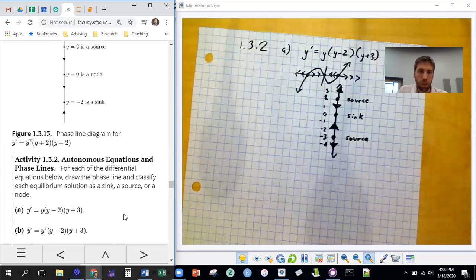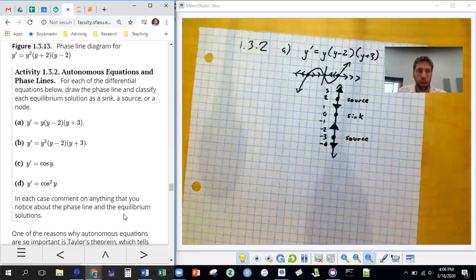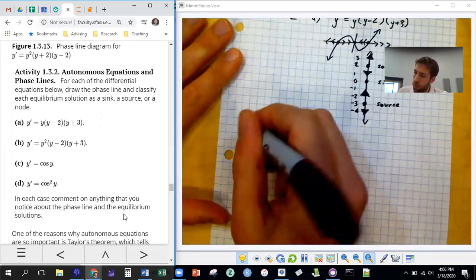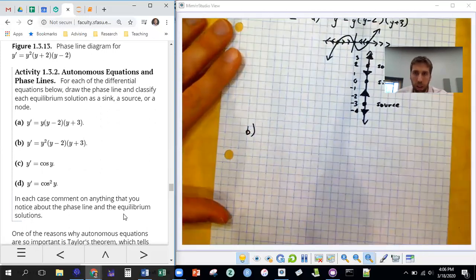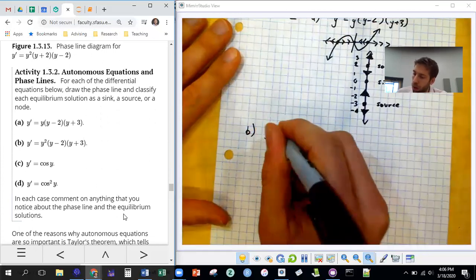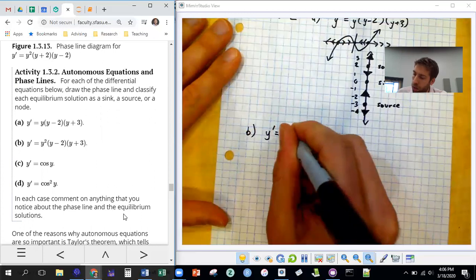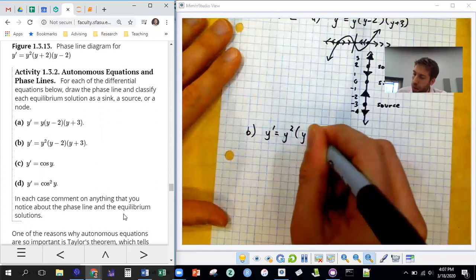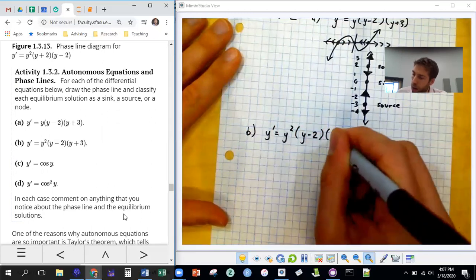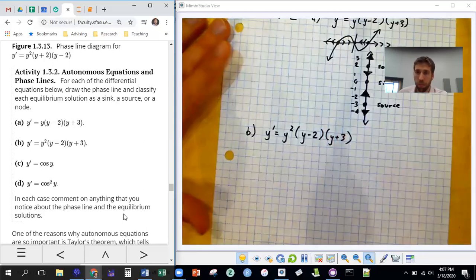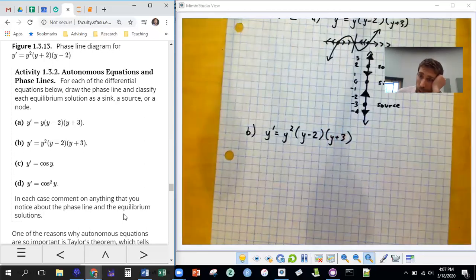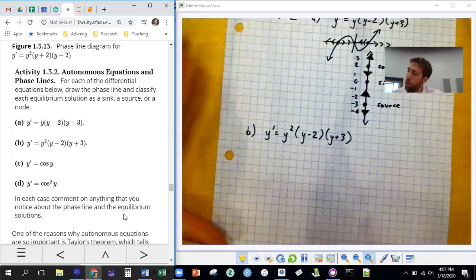So part B, we have a similar thing, except we've got y prime equals y squared times y minus 2 times y plus 3. Well, now we have a degree 4 polynomial.